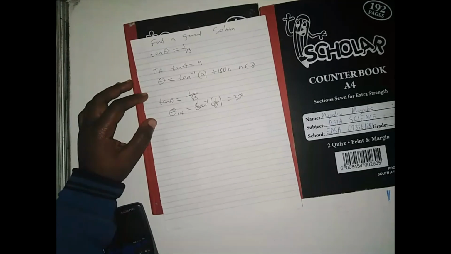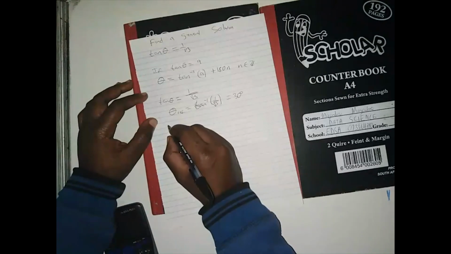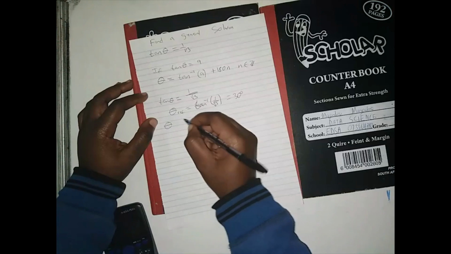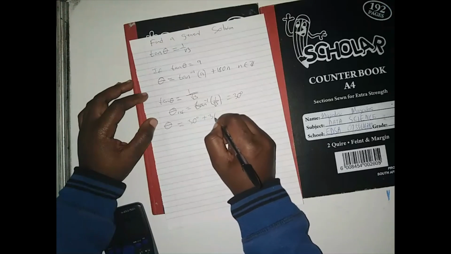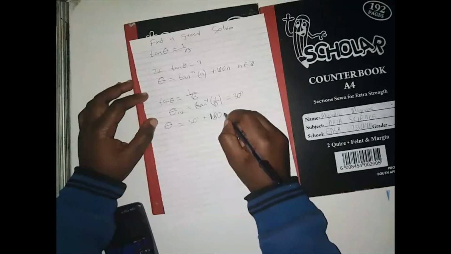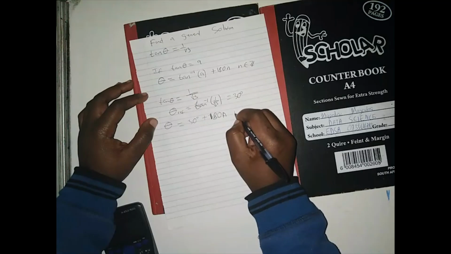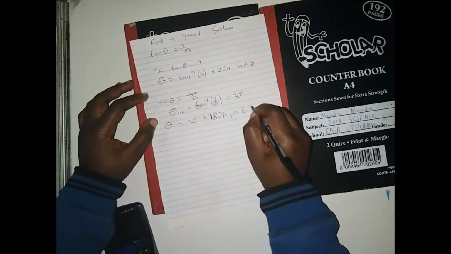You can check it yourself on your calculator. And then your general solution will then be theta is equal to 30 degrees plus, not 360, but 180 n, and then you've got n, which is an element of integers. Okay, do you understand?